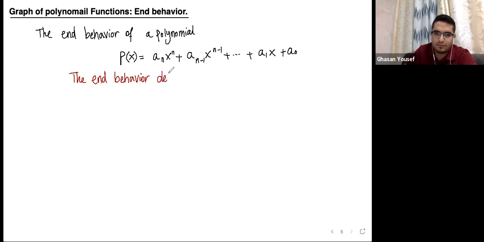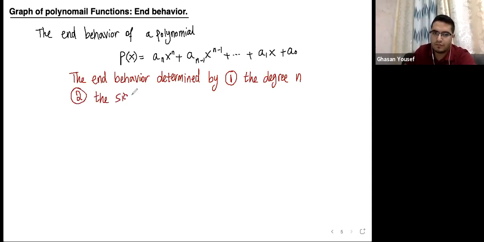So actually the end behavior is determined by two things. One, the degree, n. What is the degree? It's odd or even, whatever. Number two, the sign of the leading coefficient a_n, this one, positive or negative.